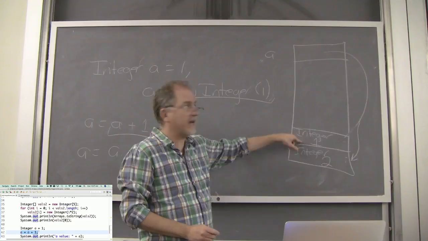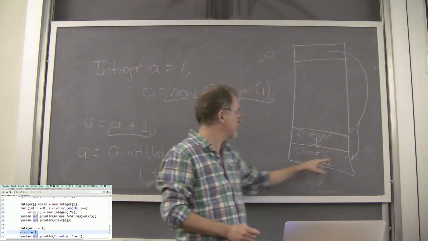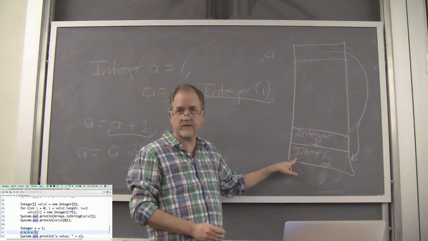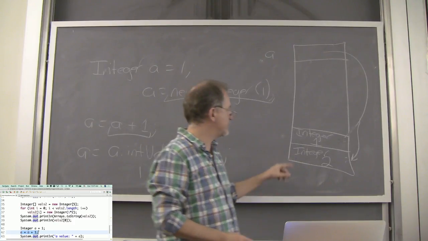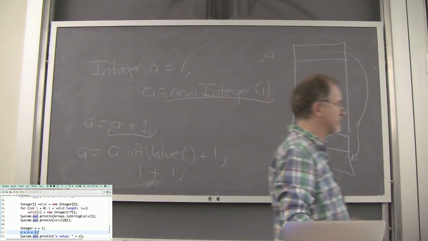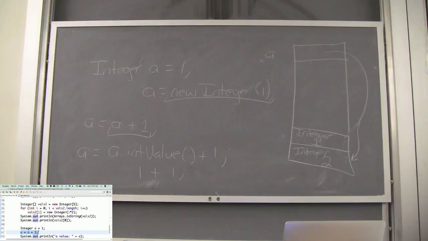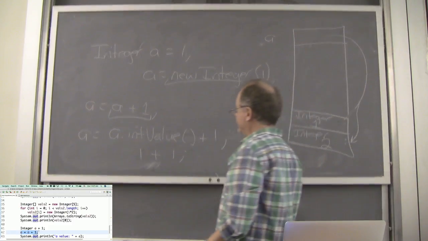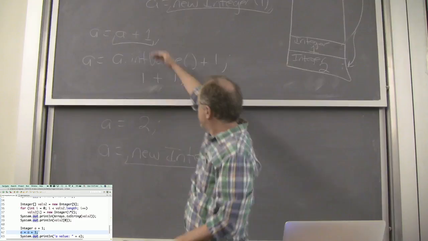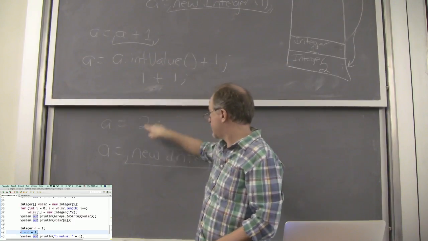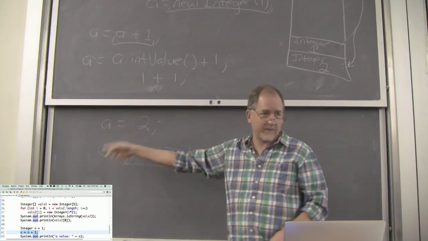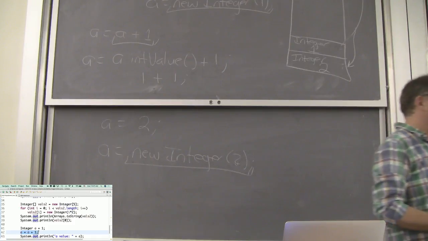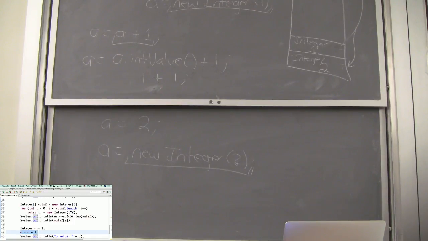We just reassign what a is referencing to a new Integer object that has a 2 in it. The weird thing is you can't change these Integer objects, but you can do a lot of things that act like you're changing them. It's not an easy process, right? It's going through all these steps: get the value out, evaluate the expression, make a new object, stick it back on there. So this is a lot more expensive than just adding 1 plus 1 and storing it in a primitive.